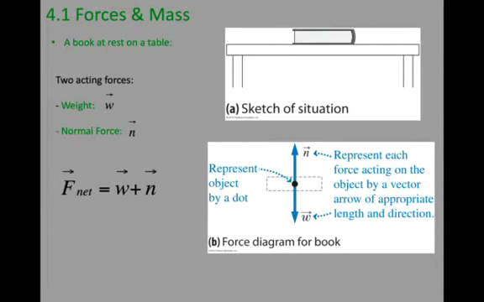So F net is equal to W plus N, which is equal to 0, right? This is the case because the book is not moving, and even if the book is moving with constant velocity, meaning its acceleration is 0, it will also be the same. So in this case, W is equal to minus the N vector, if you want to put it on the other side.